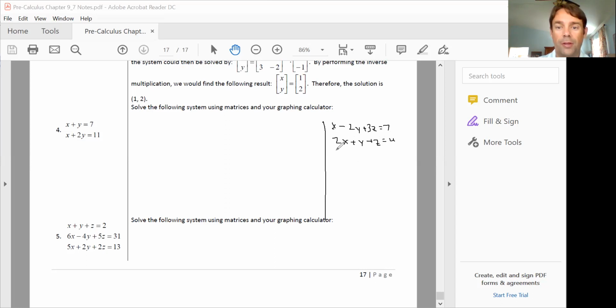And negative 3x plus 2y minus 2z equals negative 10.